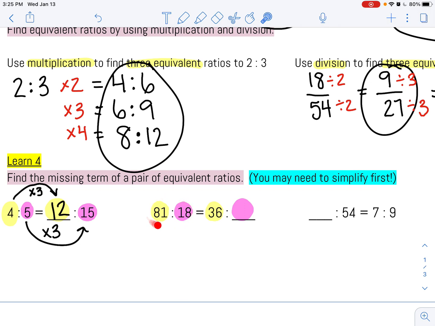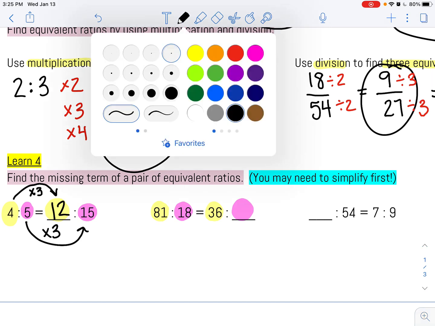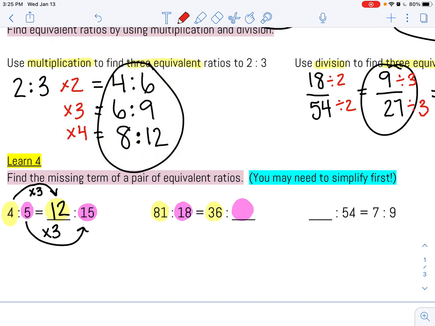So given the ratio that has both terms complete, 81 and 18, I want to see, can I divide 81 and 18 by a common factor? The answer is yes, I can. I can divide both of these by 9 to put my ratio in its simplest form.